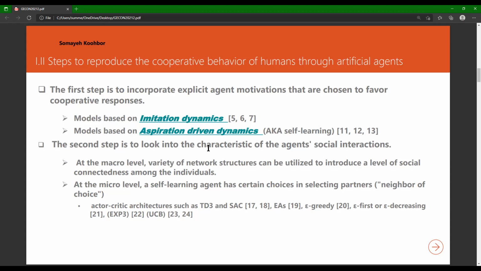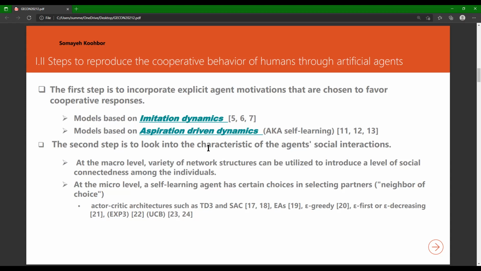Aspiration-driven dynamics is simple in the sense that you don't need global information about your environment.